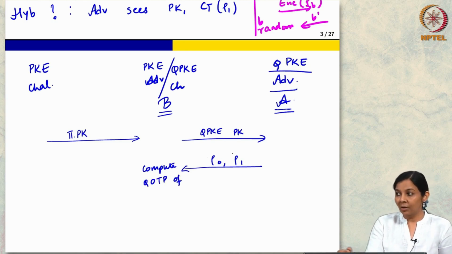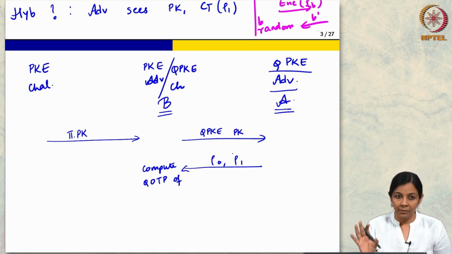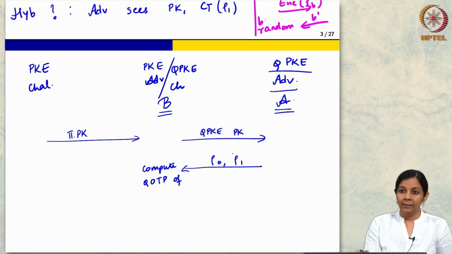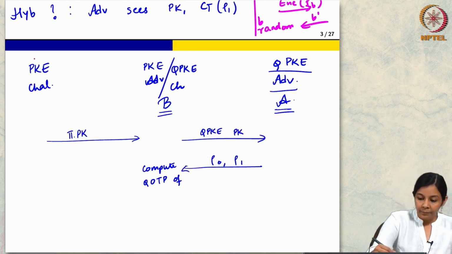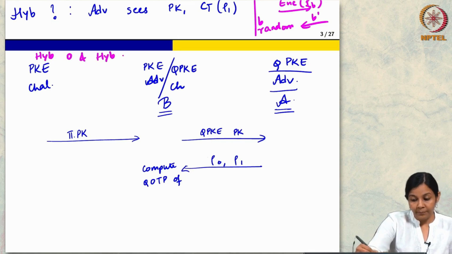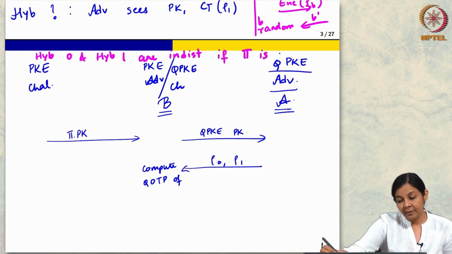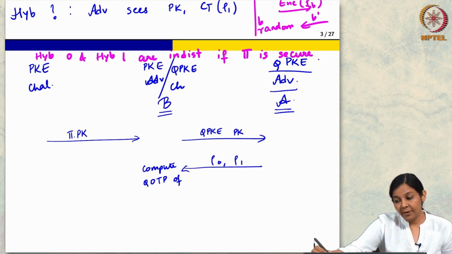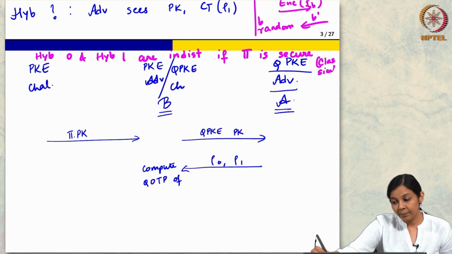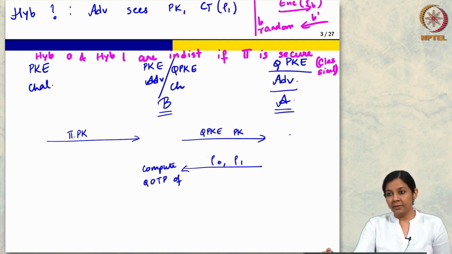Let us make sure that we are really getting this, right. What is our goal? Our goal here is to argue that hybrid 0 and hybrid 1 are indistinguishable if pi is secure, and by secure I mean classically secure, because pi is a classical scheme.